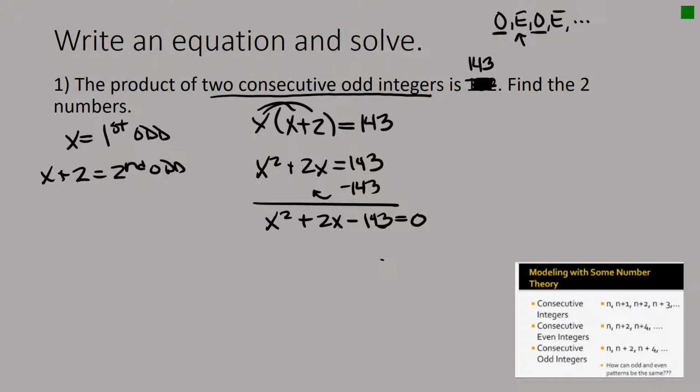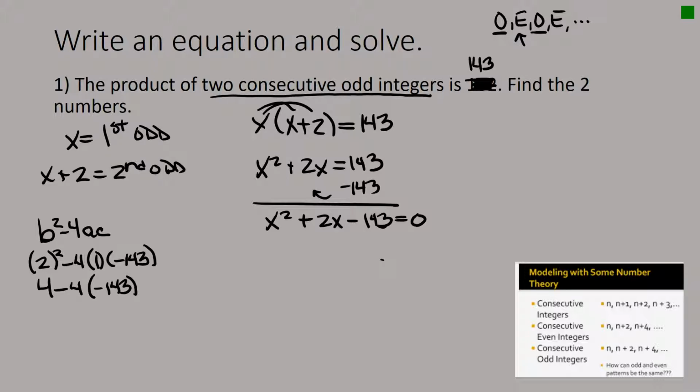Now I do not know my factors of 143, so I'm going to go to the quadratic formula, which means I'm going to do b squared minus 4ac. b is 2 squared minus 4, a is 1, c is negative 143. So I have 4 minus 4 times negative 143.